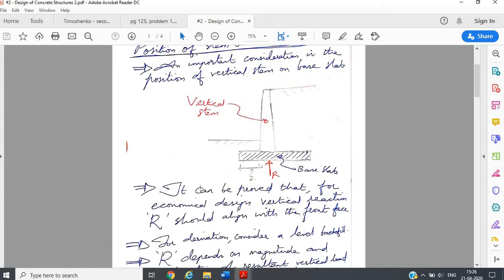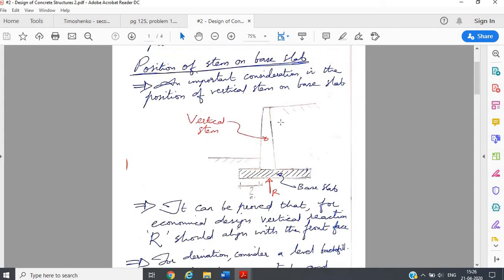Now it can be proved that the economical design... So the thing is, we are going to arrive at a criterion from economical considerations. Of course, economy is the base of all design. From economical considerations, it can be proved that the economical design can be arrived at if the resultant of soil pressure, R, which we already saw in the earlier class, is the resultant of soil pressure exerted on the retaining wall.